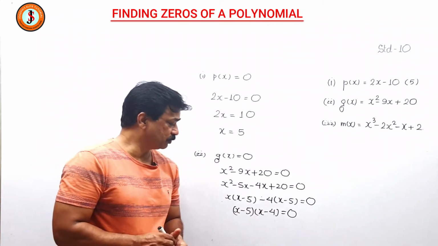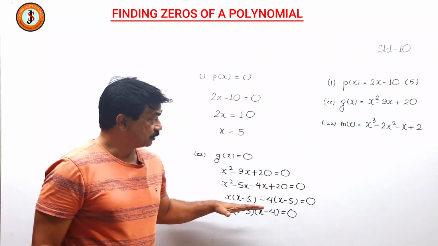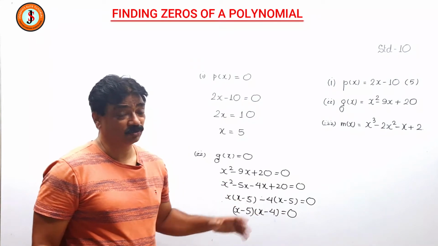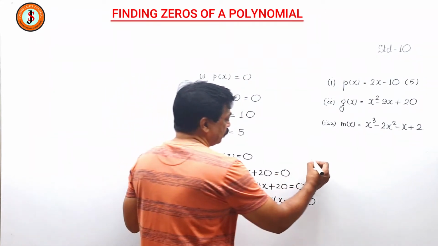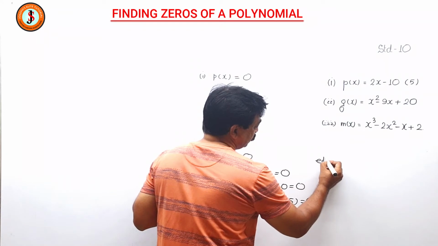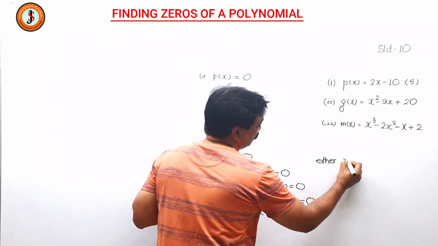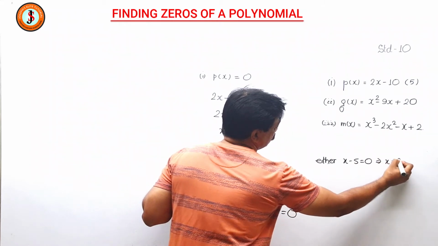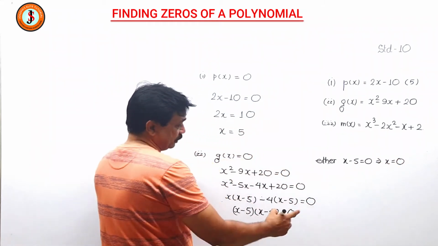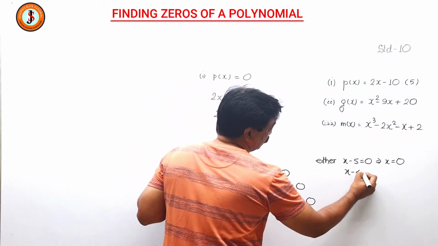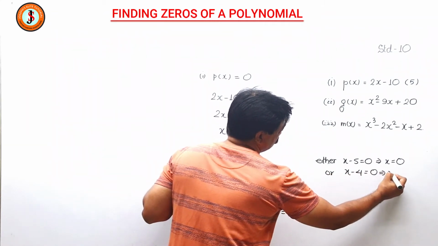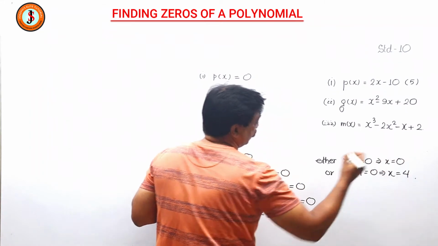See, we are using a principle of mathematics that if the product of two numbers is 0, then one of them has to be 0 or both of them. So if x minus 5 is equal to 0, this means x is equal to 5, or x minus 4 is equal to 0, this means x is equal to 4.